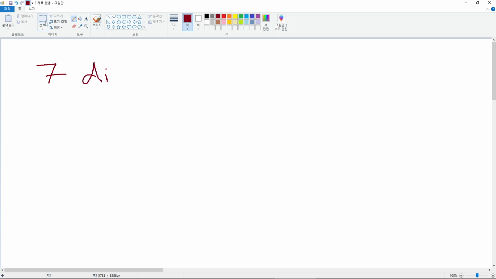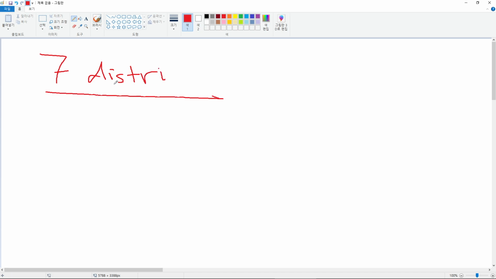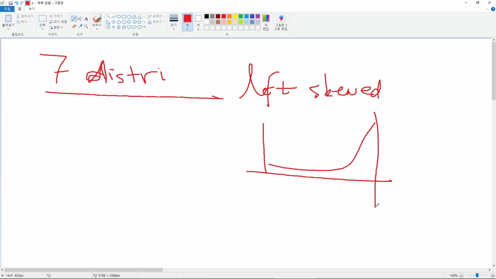But recently I also added a left skewed distribution, which looks like that.